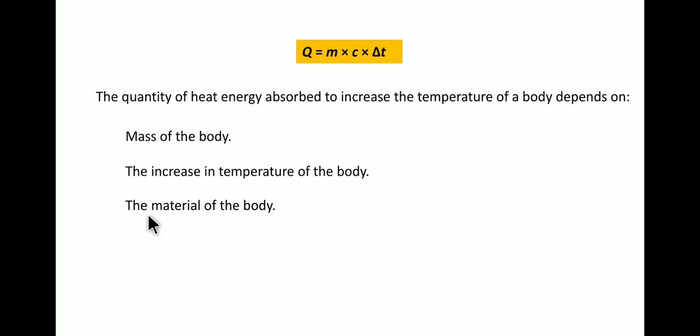Specific heat is related to the material of the body, what kind of material the body has, whether it is a good conductor of heat or a bad conductor of heat.